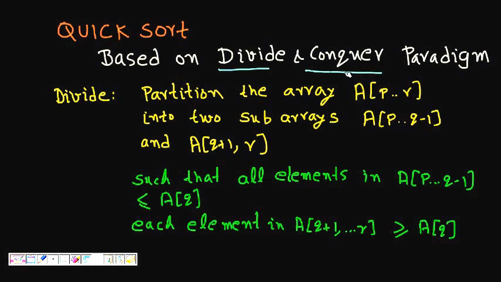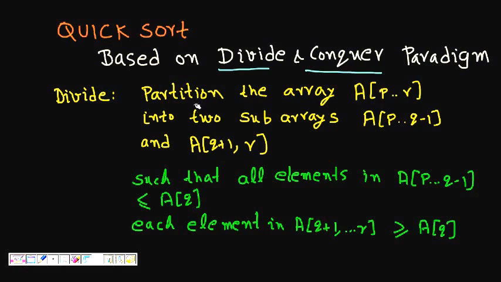So it's based on divide and conquer, which means that we divide the main problem into some smaller sub problems which are of similar type but whose input size is smaller. So let's define it.